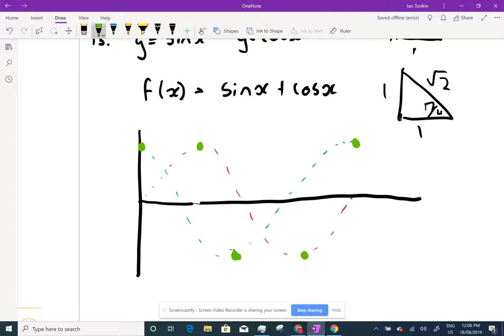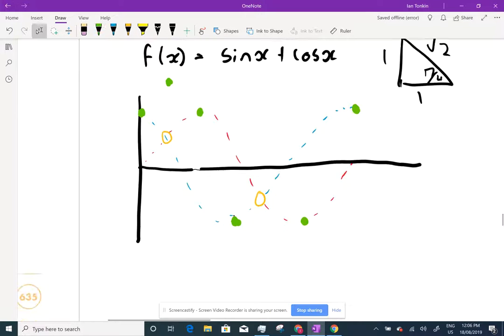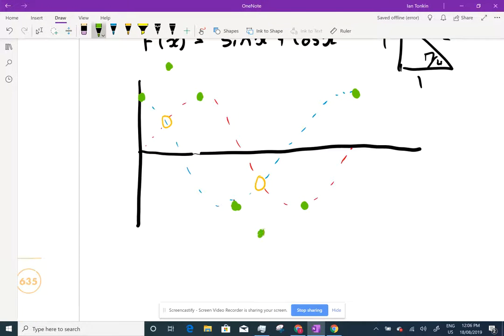Now, here and here, if I add these two together, it's going to end up here. And here and here, if I add these two together, I'm going to end up down here.